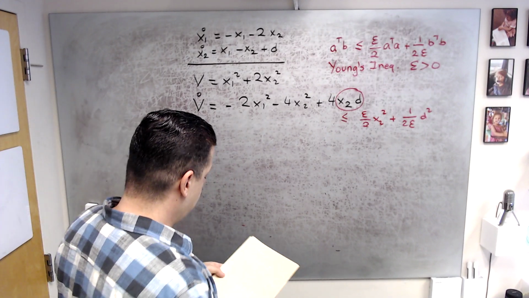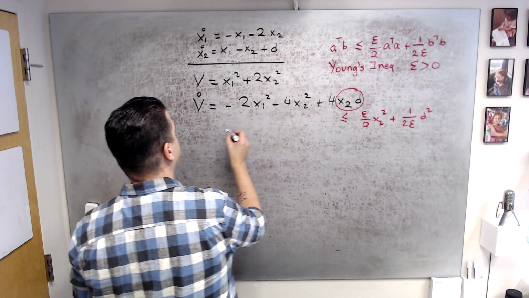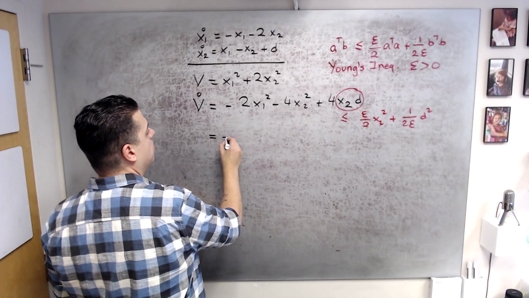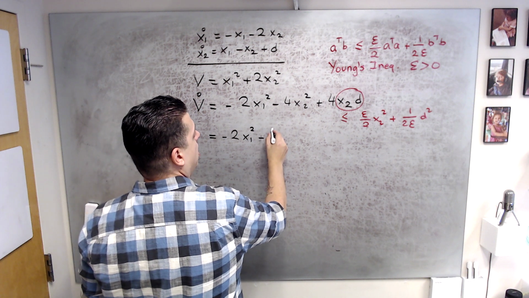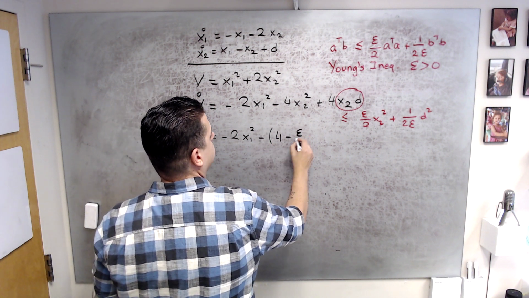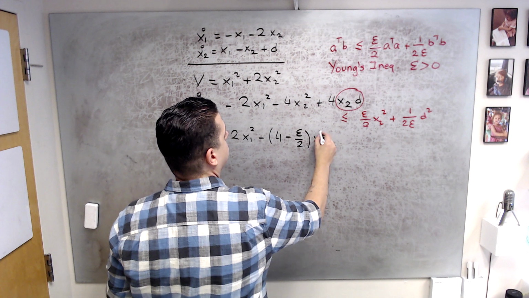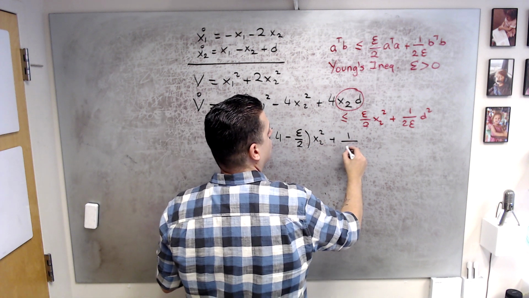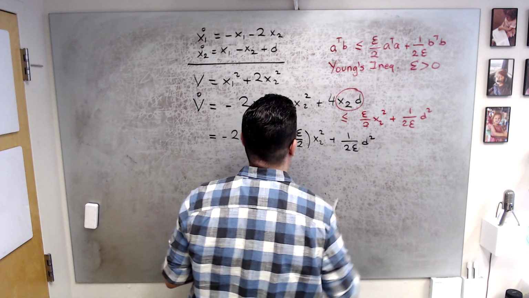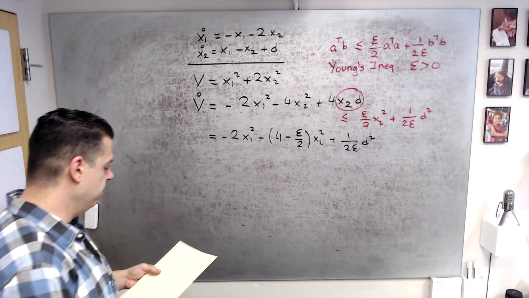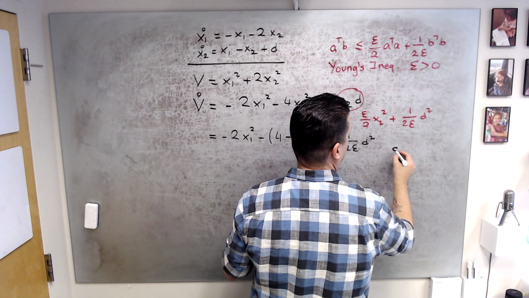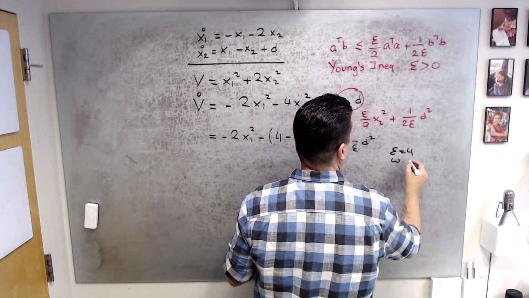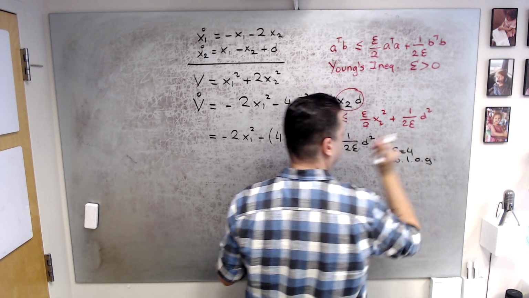So once we do that, basically we have here minus 2 x1 to the power of 2 minus (4 minus epsilon over 2) x2 to the power of 2 and 1 over 2 epsilon d to the power of 2. Now I would like to set epsilon to 4 without loss of generality.